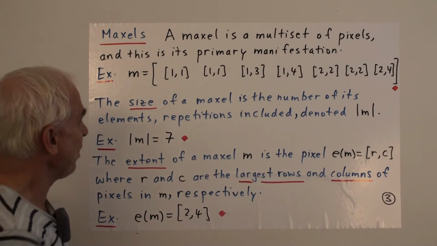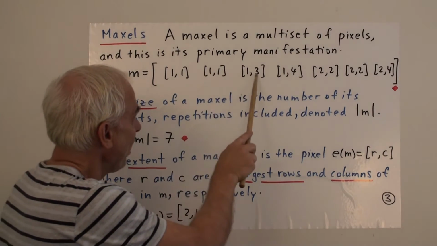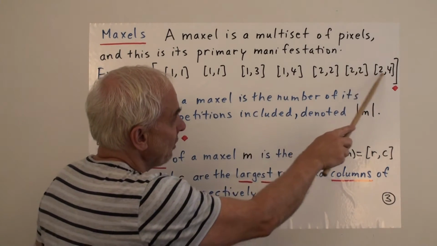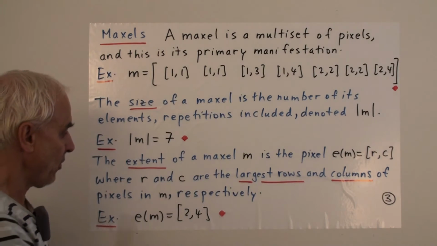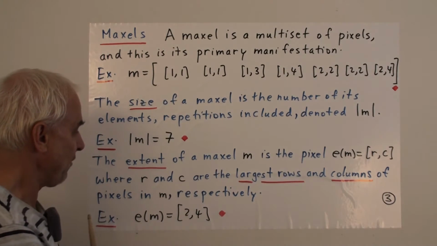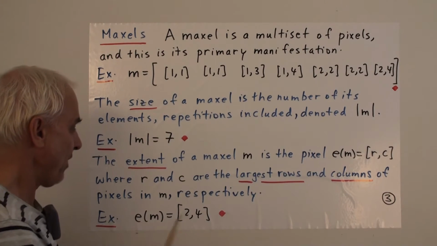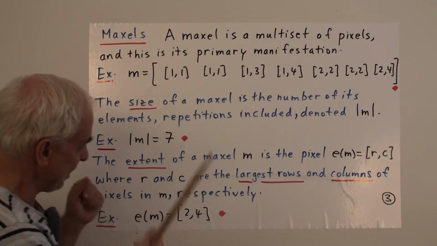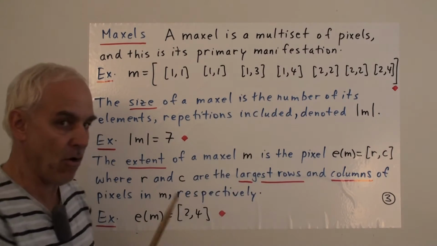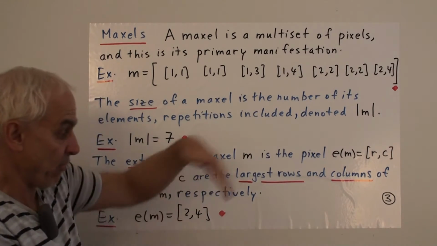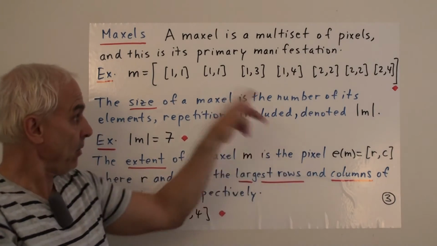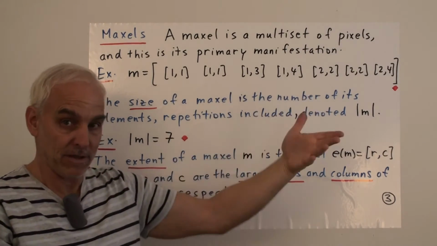And what about the C value? Well, we look at the second entries, and we pick out the largest one of those, which is 4. So then the C is going to be 4, and the extent of M then simultaneously tells us how far over we have to go in rows and how far over we have to go in columns to embrace all of the pixels which are in this multi-set.